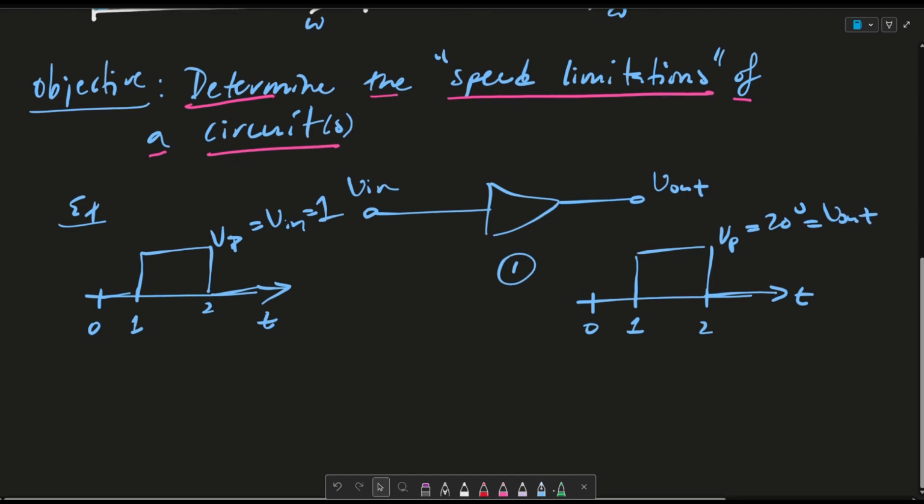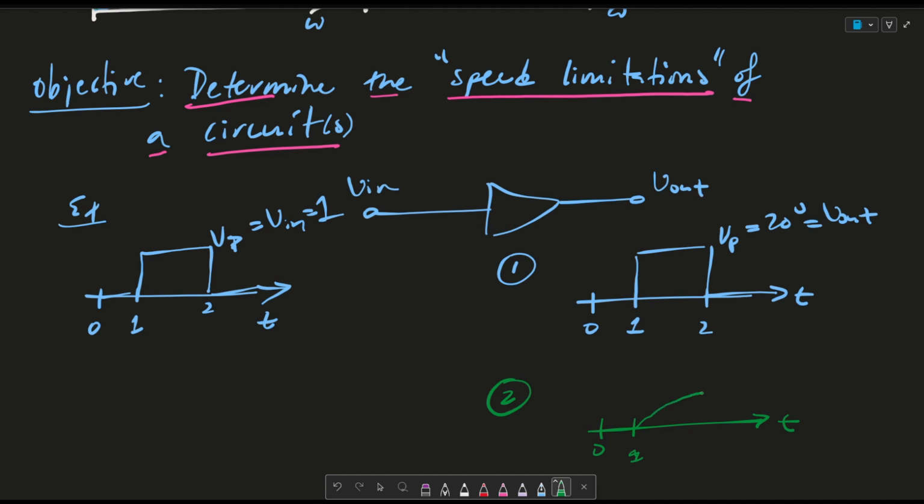In another situation, situation 2, we see that at 1 it starts to rise up, and then at 2 it starts to drop down. Okay? So the first is what we call a fast amplifier, because it's responding exactly like my input at the output.